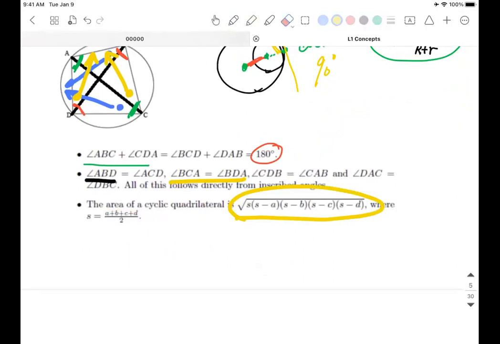This one is more like Heron's formula, not exactly the same, but quite similar. It gives you a way to rapidly determine the area of a cyclic quadrilateral. You do not have to break it into different triangles. You can just directly do the calculation using the four sides. So far, so good? All right, let's continue.